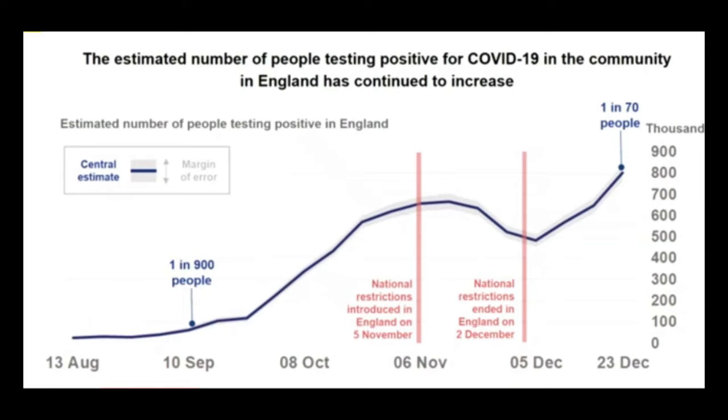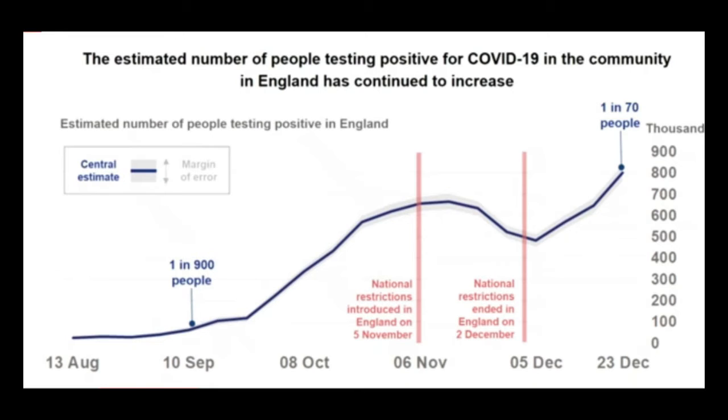Data from the Office for National Statistics show you here from the surveys the estimated number of people testing positive in England over time. From typically at the start of the autumn, 1 in 900 people testing positive, to a point just before Christmas where nationally in England 1 in 70 people were testing positive.